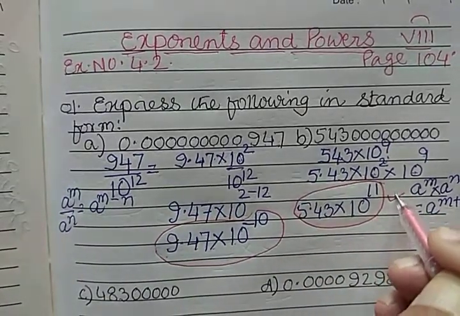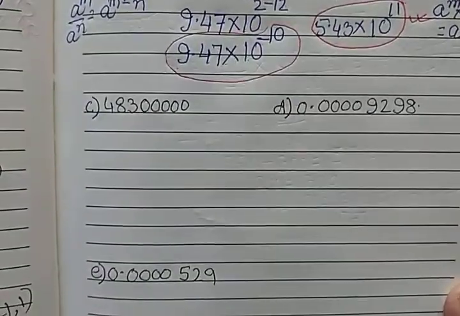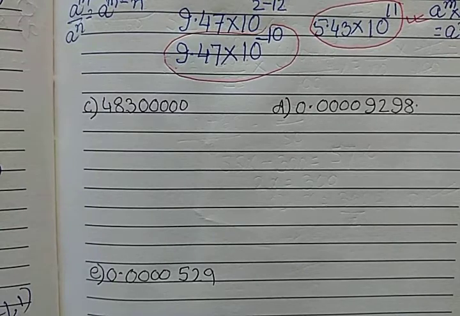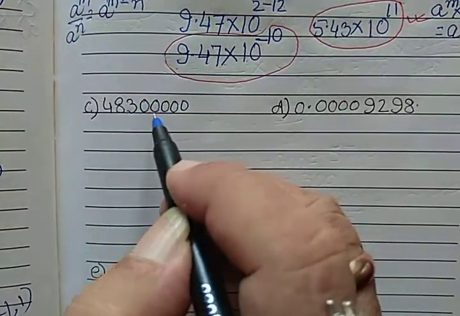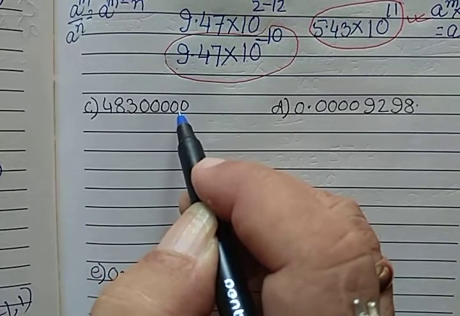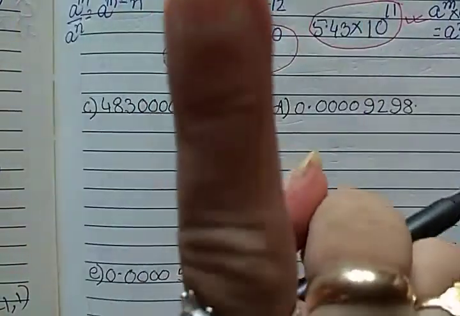I think you understood how to do this. Now let us have one more example. 483 followed by 5 zeros. Instead of doing it in 2 steps, let us do it in 1 step only.